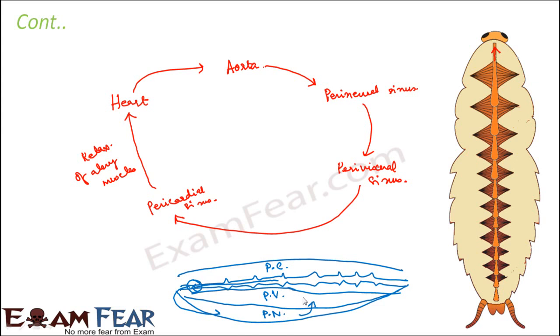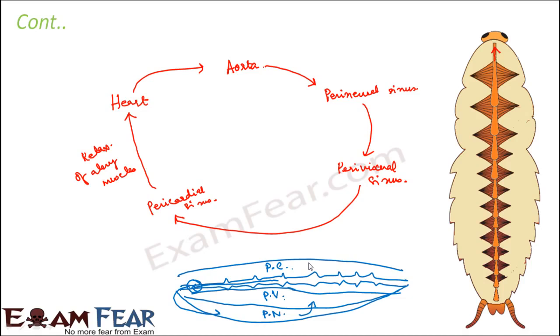Once it is in the perivisceral sinus, the contraction and expansion of the alary muscles play a role. On contraction of the alary muscles, the pericardial septum is pulled up. So the partition between the pericardial and perivisceral sinus will start moving up. As a result, blood will start moving, right? So the blood will get into the pericardial sinus.